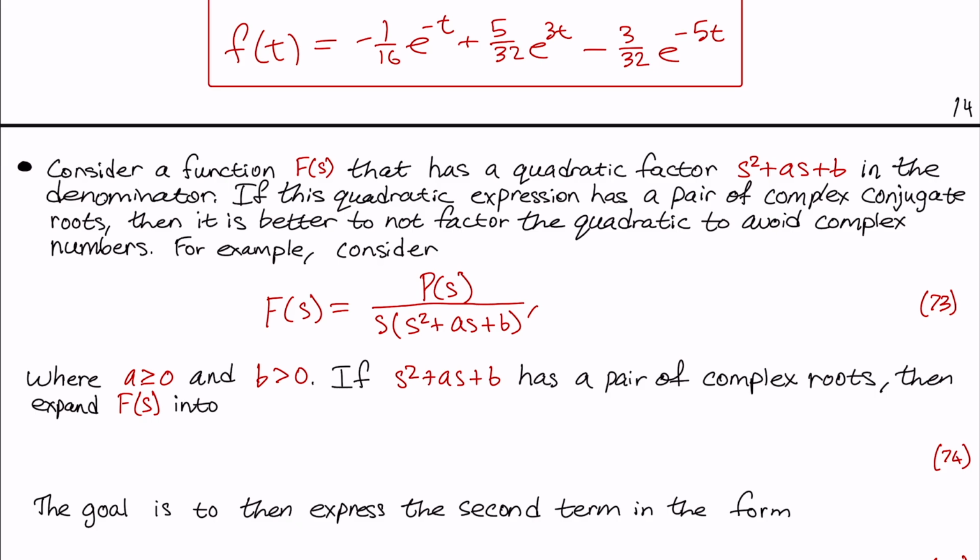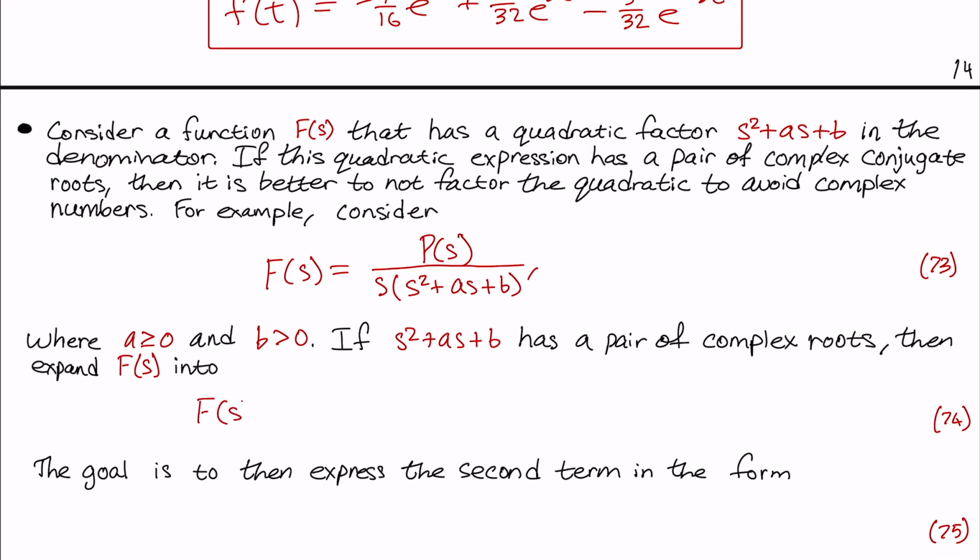So if this polynomial s² + as + b has a pair of complex roots, then instead we'll have F(s) equal to some C divided by s, because we have our first pole right here at s equals 0, plus some (Ds + E) divided by our polynomial s² + as + b.